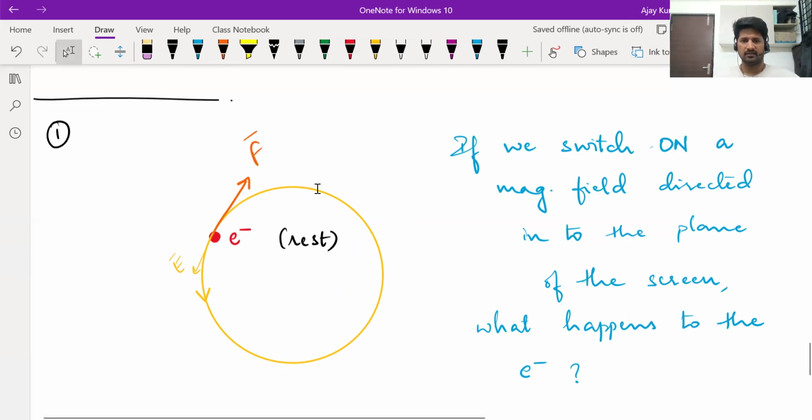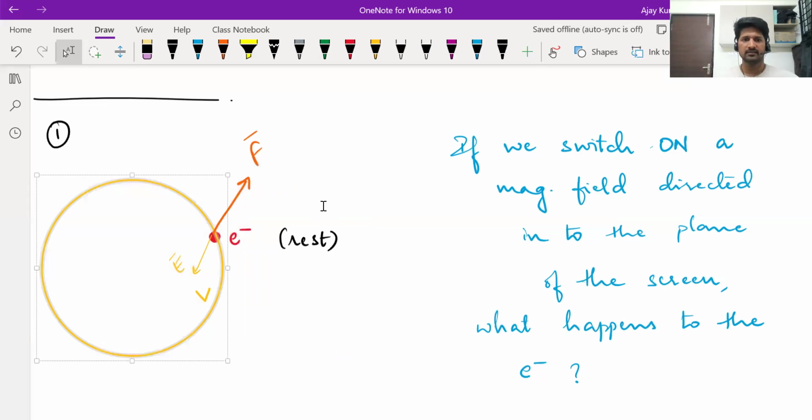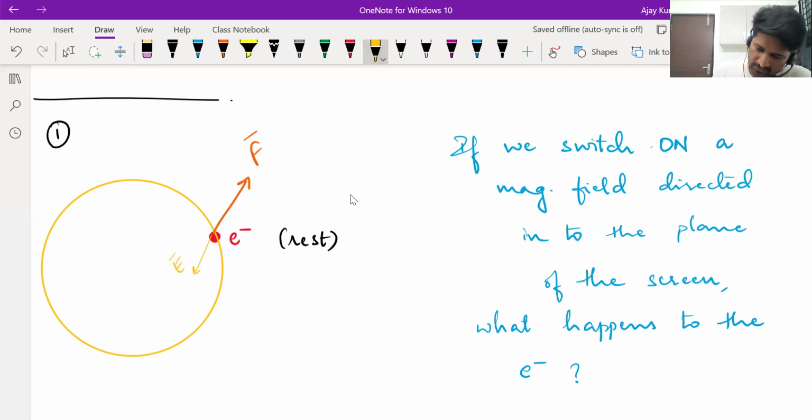That possibility is there. But suppose the induced electric field line is like this. We don't know where exactly the magnetic field is switched on and all. So suppose the induced electric field line is like this. That means at this point where the electron is present, the electric field is in this direction. The electron experiences a force opposite to the electric field.